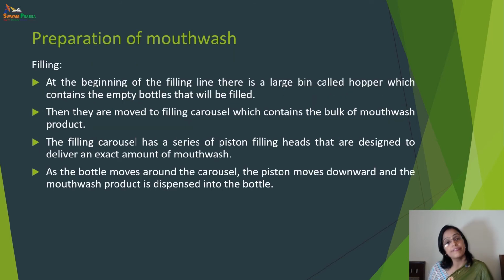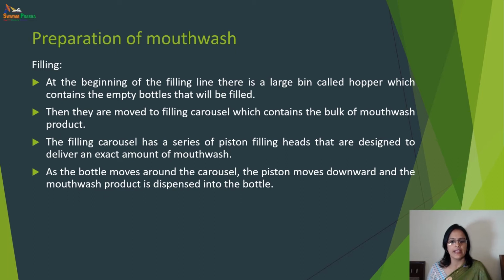Next is filling. At the beginning of the filling, there is a large bin called a hopper, which contains the empty bottles that are to be filled. Here the bottles are physically manipulated so that they come out standing upright on the conveyor belt.